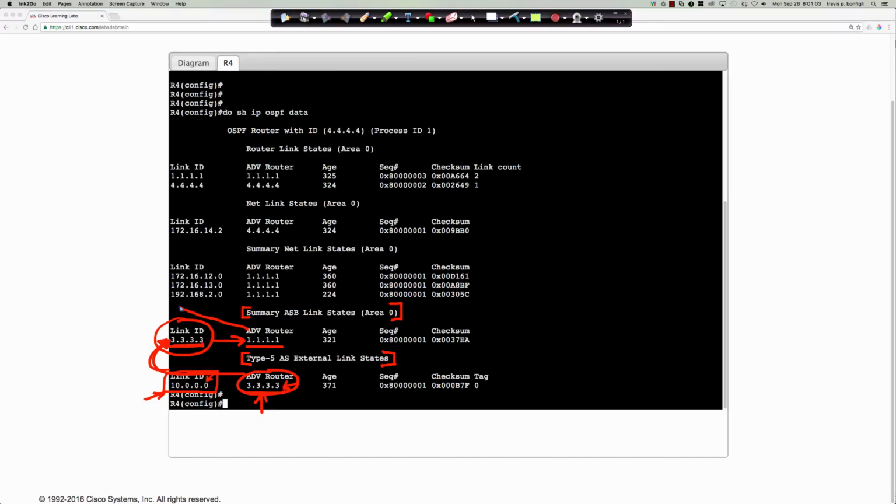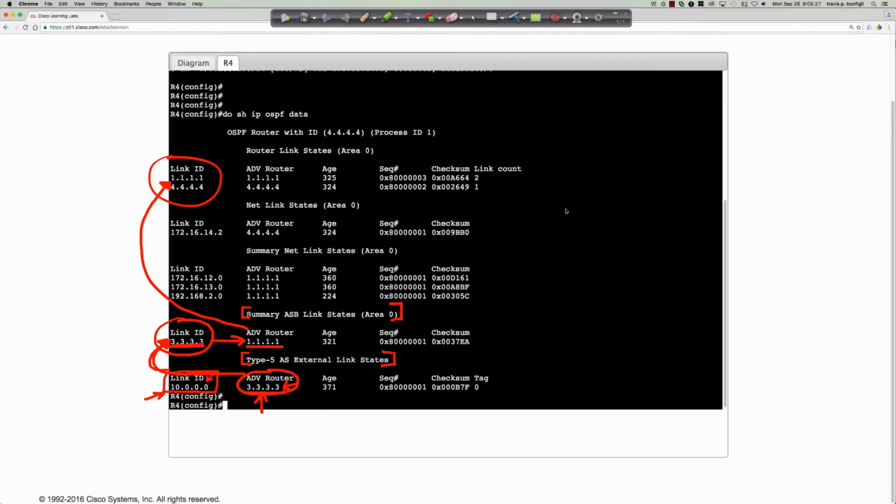And do I have an entry for 1.1.1.1, a type 1 LSA? I certainly do. And that's exactly how the type 5, type 4, and ultimately the type 1 work. They're just simply recursing along the path, trying to get to a router that can get them over to the autonomous system boundary router.